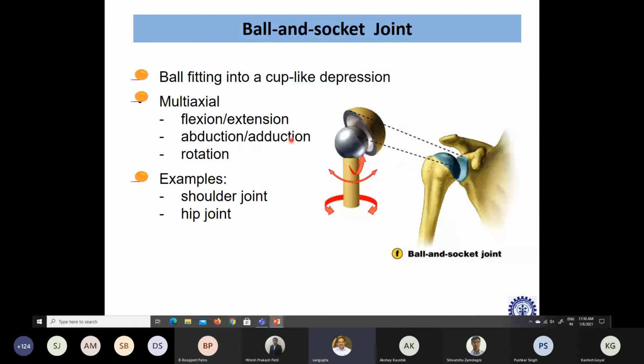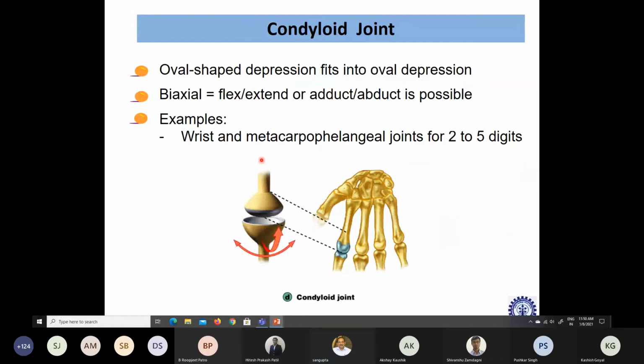Grossly, it provides rotation about the three principal axes. Condylar joints: again, examples are wrist and finger joints. An oval shaped depression fits into another oval shaped depression. This is an example of finger joints.